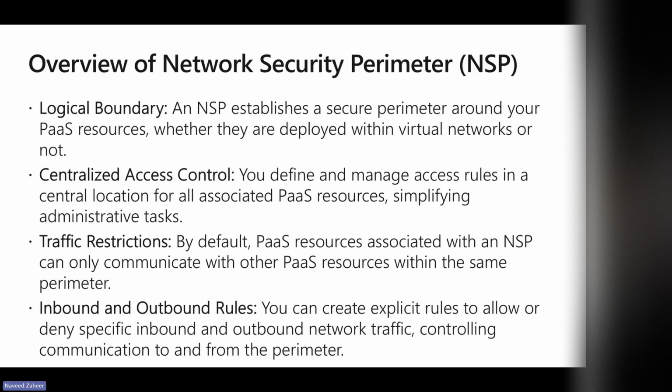You may have a Log Analytics service where you are writing data to the log, all of that. And you need to make sure that these services only interact with each other and nothing outside. Nobody can access them over the internet, and at the same time these services cannot access outside this boundary. What you can do is assert centralized access control.